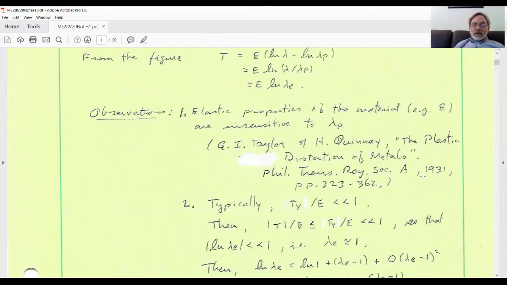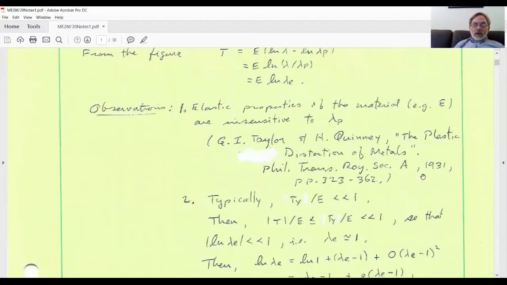We will come back to this. Essentially, the structure of the crystal lattice is not significantly disturbed by plastic deformation. And therefore, the elastic properties, which are inherited from the structure of the crystal lattice, are also preserved, insensitive to plastic deformation.